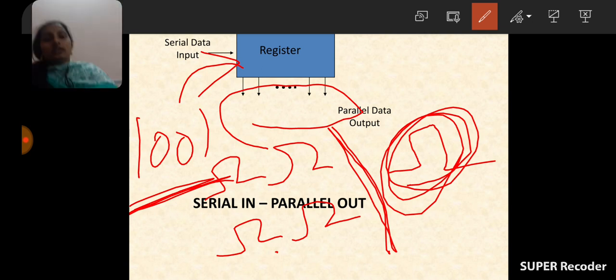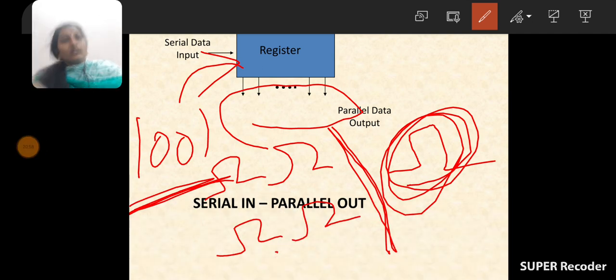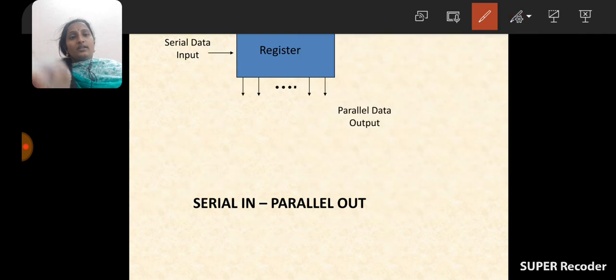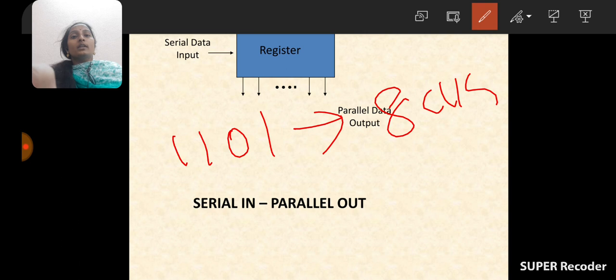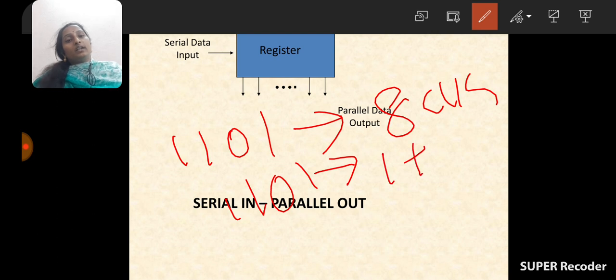So these are the 2 varieties of registers: serial in, serial out, and serial in, parallel out. In the serial in, serial out register, to shift 4 bits it requires 8 clock pulses, 4 for entering the data and 4 for receiving the data. In the serial in parallel out, to transfer the same data it requires only 5 clock pulses, 4 to enter the data serially, 1 to receive the data in parallel.